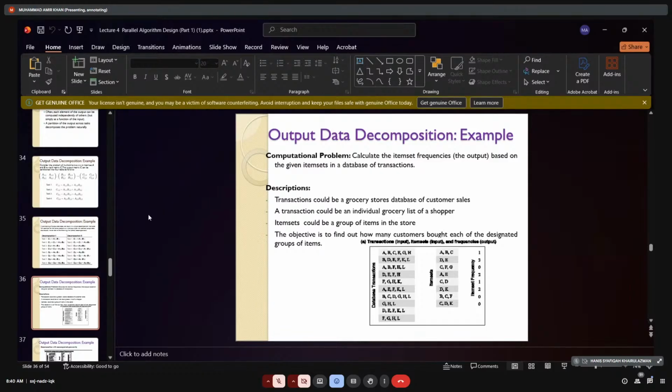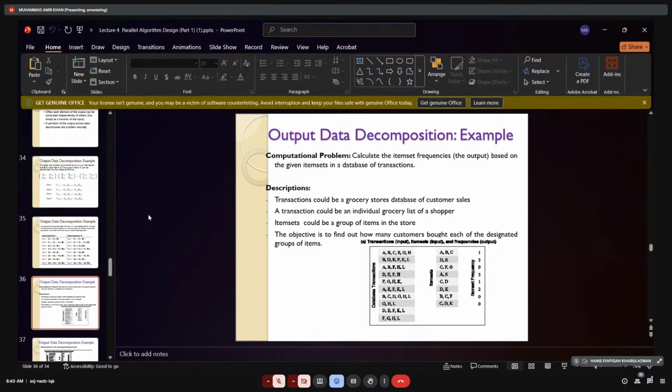For example, a transaction could be a grocery store database of customer sales, or an individual grocery list of a shopper. An item set could be a group of items in a store. The objective is to find out how many customers bought each of the designated groups of items.